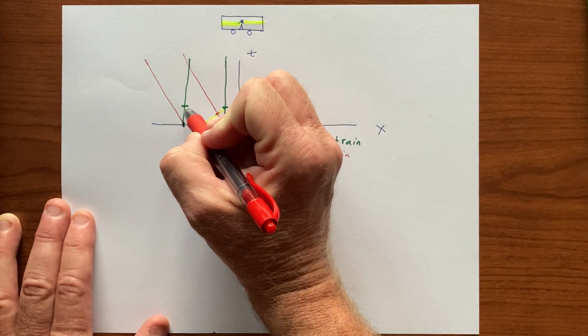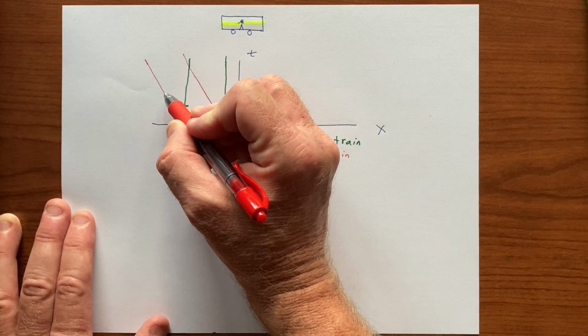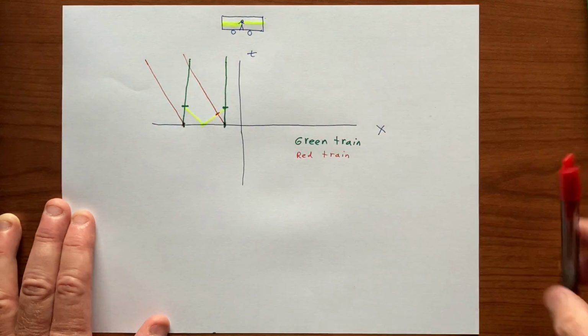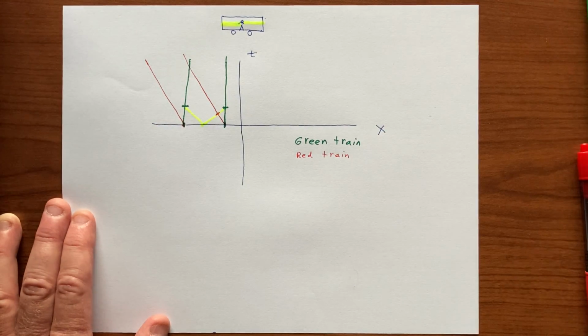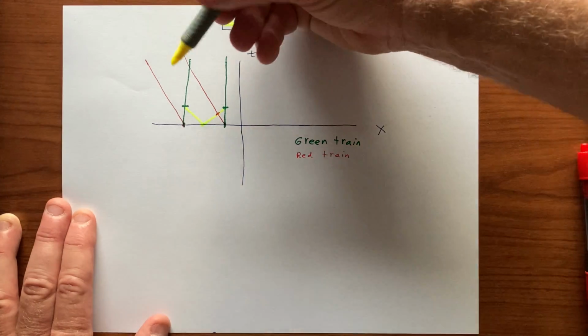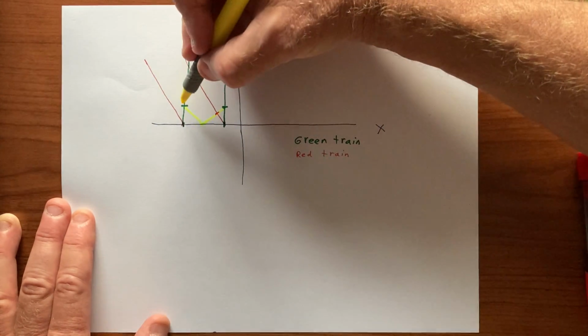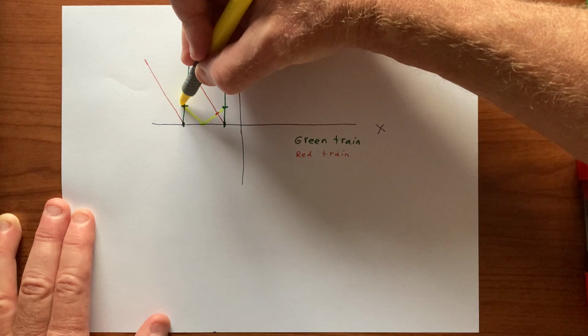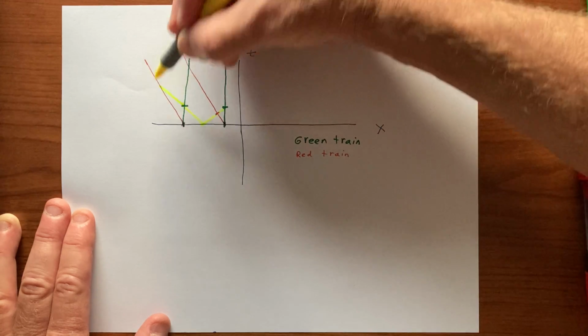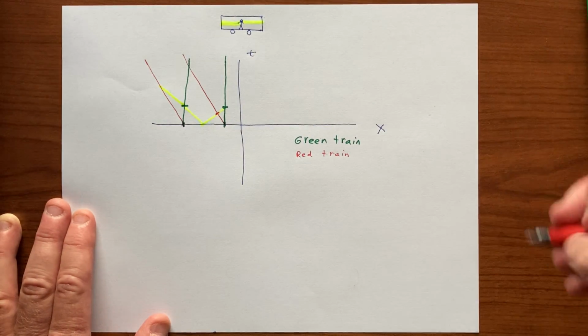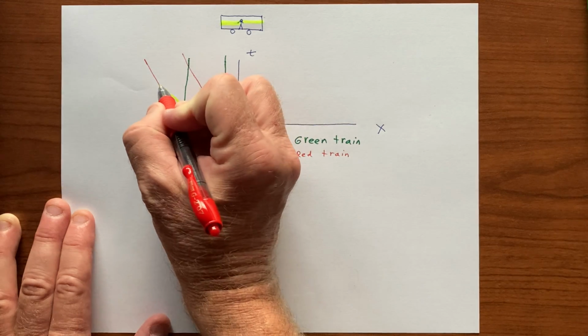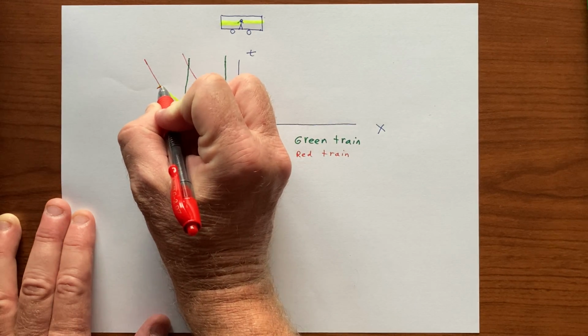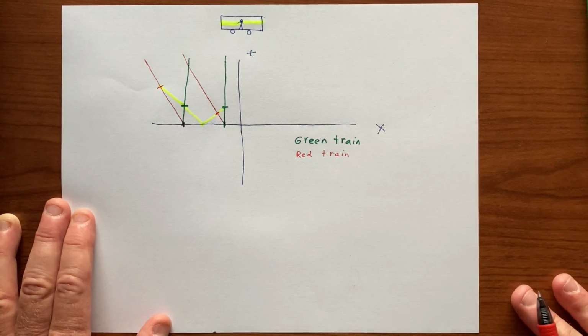And we have to go a little bit further for the light to hit the front end, because the front end is moving away from light. So I have to continue the light beam. Let's see if I can do this right. Continue at the same angle, and there it is, hits the front end. And so I'm going to make a little dash here, indicating the event when light hits the front end of the red train.